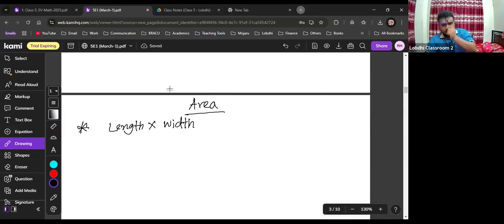And the unit will be square unit. Like if it is meter, it will be square meter in case of area. But in case of perimeter, if it was meter, the perimeter was also expressed in terms of meter. But in case of area, it will be square unit. Why? Will come later on. Just remember this much: area means length multiplied by width.